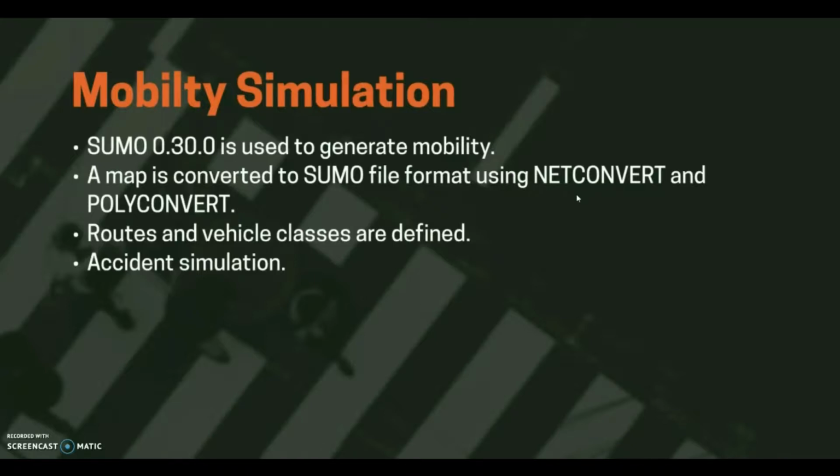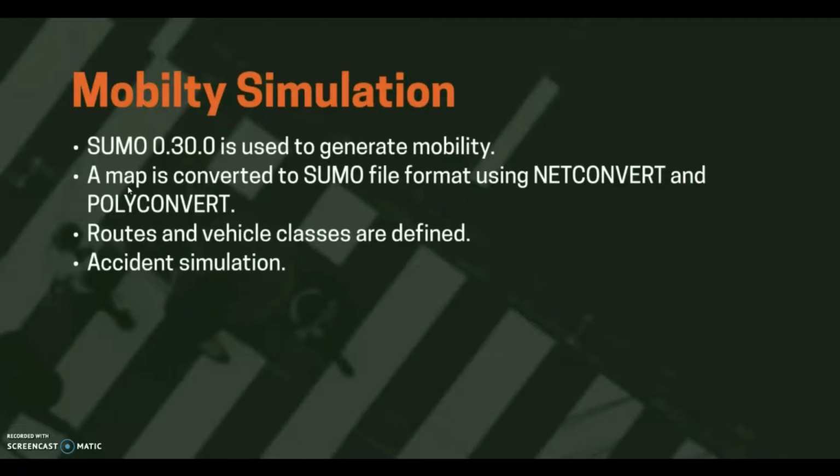Now we have roads in the map, but in order to simulate things like buildings, trees, etc. present in the map, another program, polyconvert, is used, which imports the points of interest and translates them to a description that may be visualized by the SUMO graphical user interface. This is done so that the vehicles move only on the roads and not anywhere else.